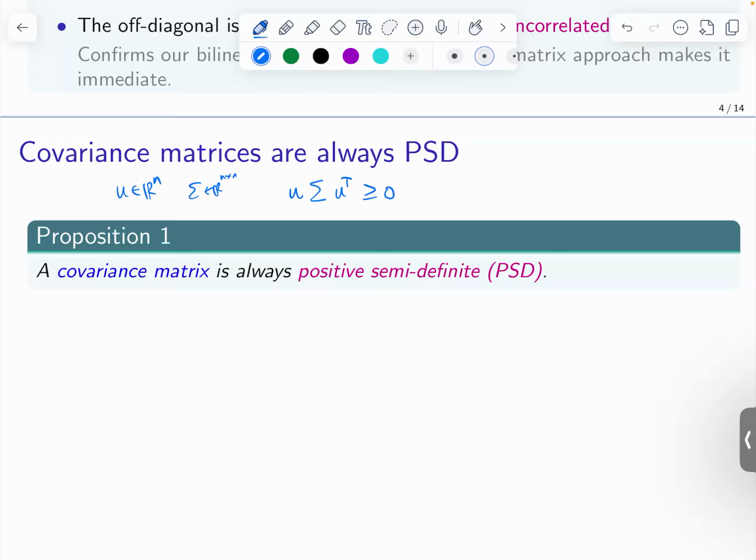This is like a quadratic form. u sigma u transpose is always non-negative, and this holds for any covariance matrix. The way to prove it, let's say, let's do A, for example. This is deterministic. So let's say I have y random, and sigma is the covariance of y.